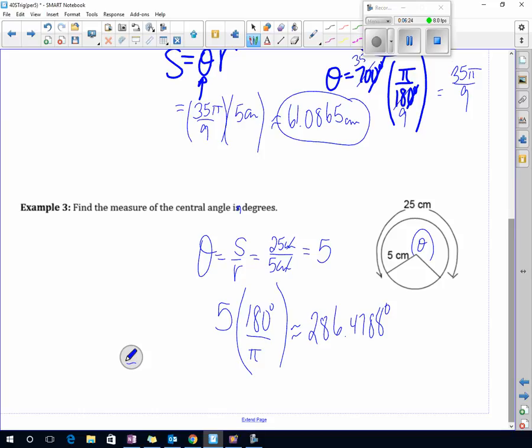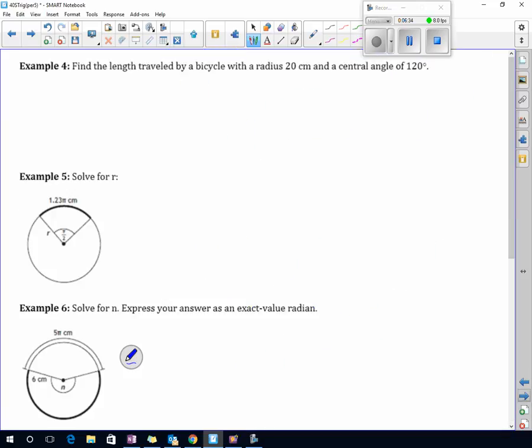Okay, moving on. Find the length traveled by a bicycle with radius 20 centimeters and a central angle of 120. Why don't you guys try this one? The length traveled, of course, is the arc length. That is in degrees. So what do I need to do to 120 first? Times it by pi over 180.